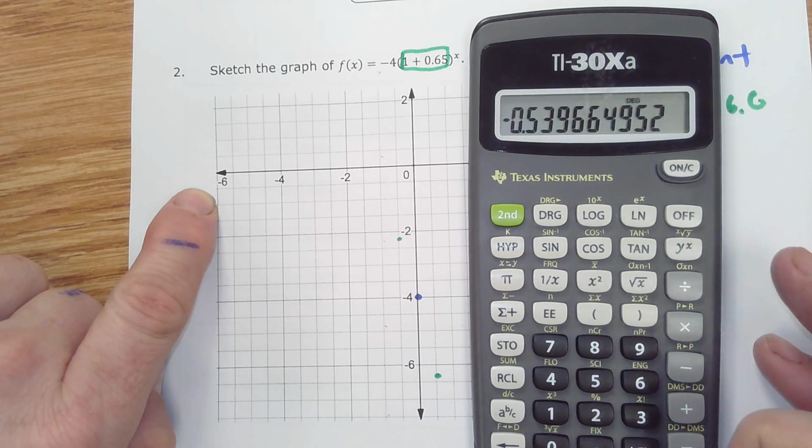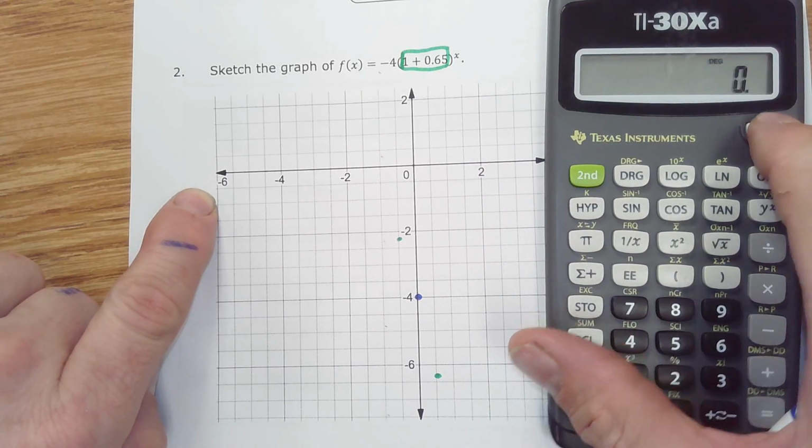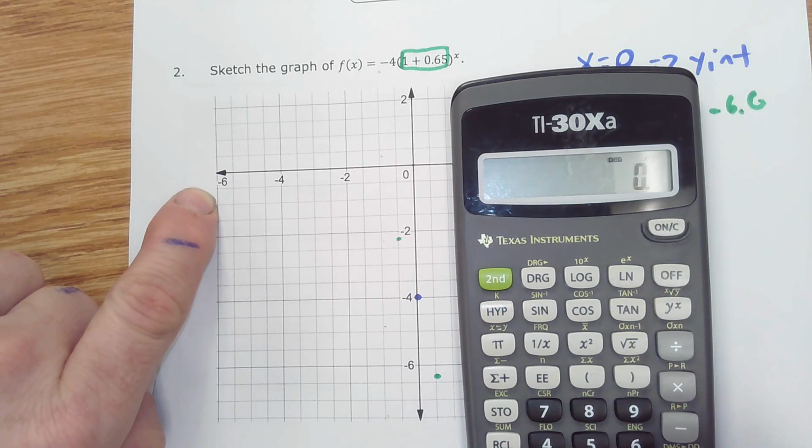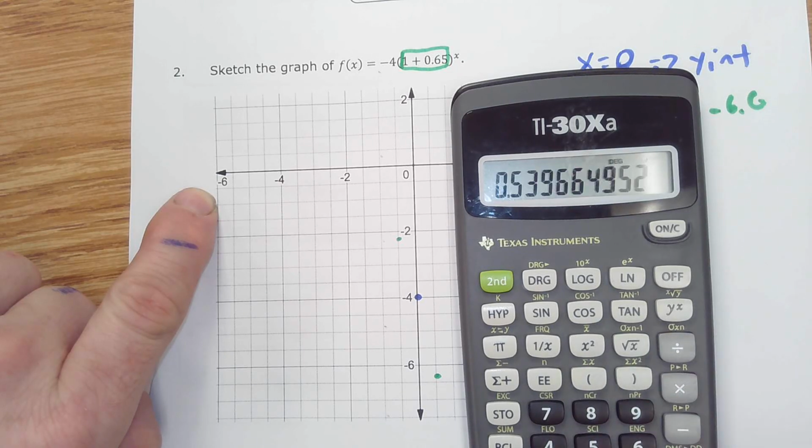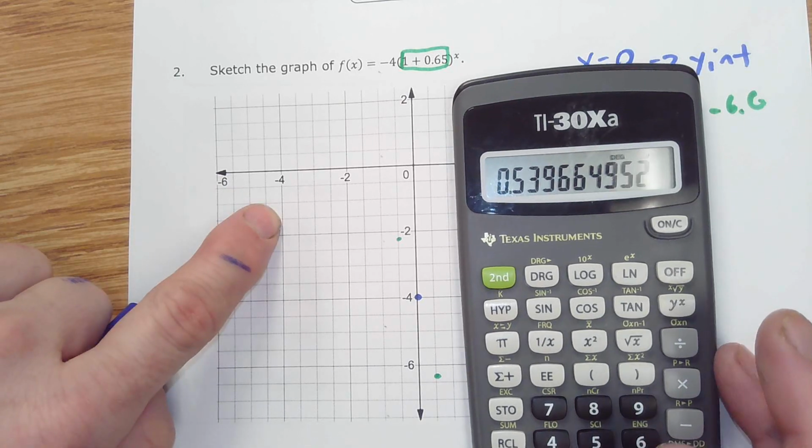That's going to be about -0.539. Let me double check that one more time. So 1.65 raised to the -4 times -4 is just over -0.5.